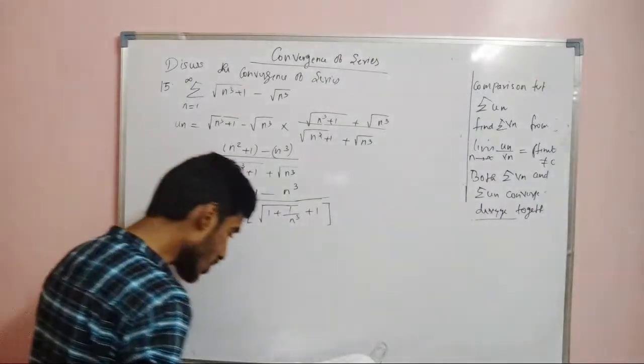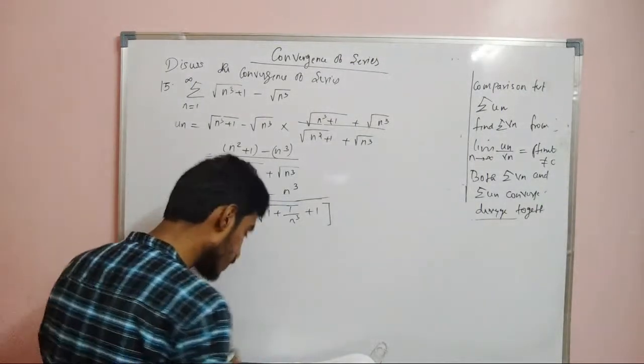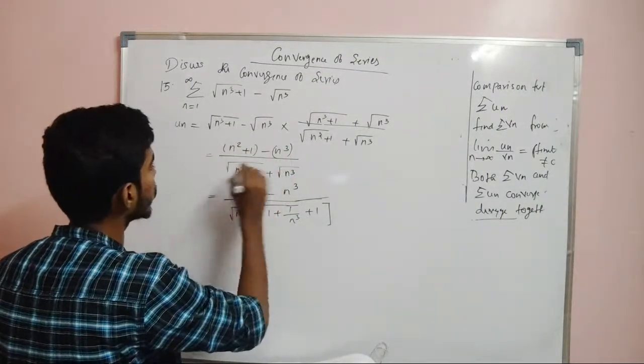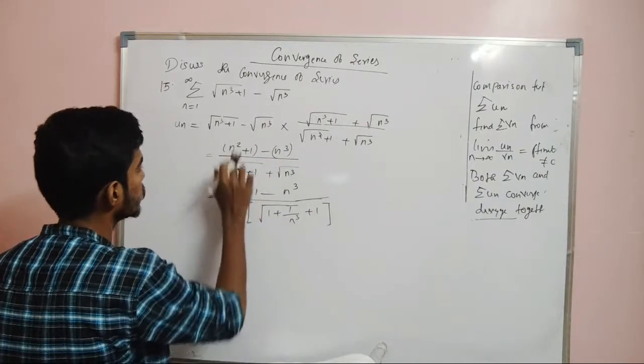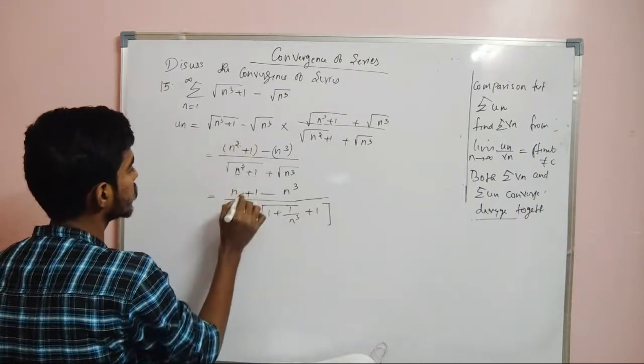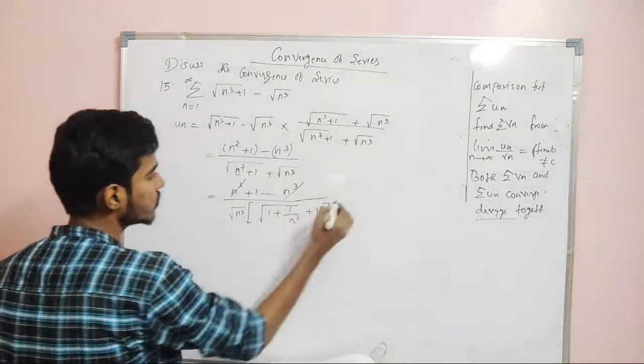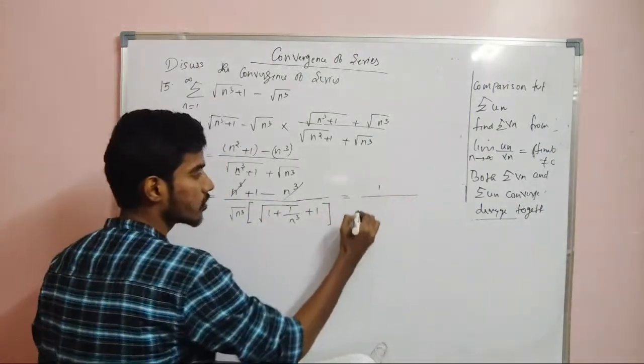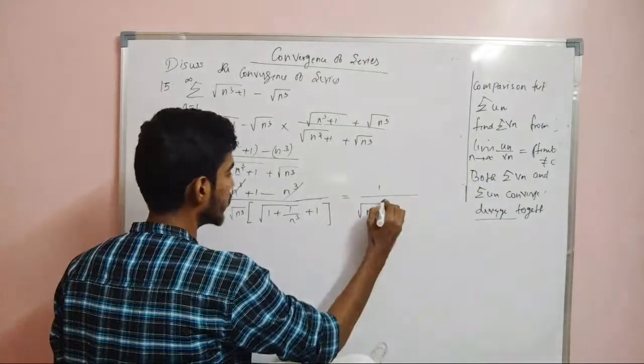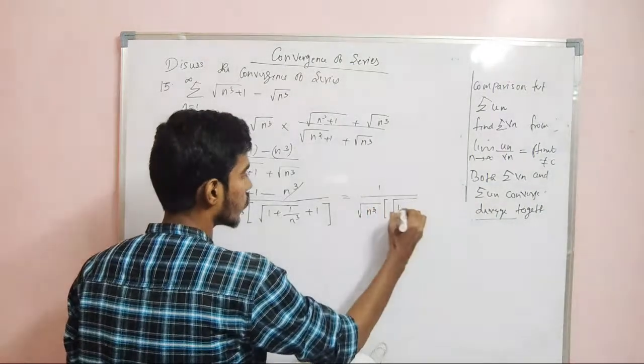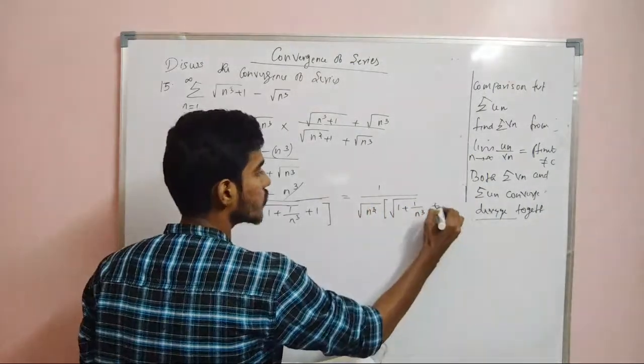Now this also is n cube, right? So these two will get cancelled, so we have 1 by square root of n cube into square root of 1 plus 1 by n cube plus 1.